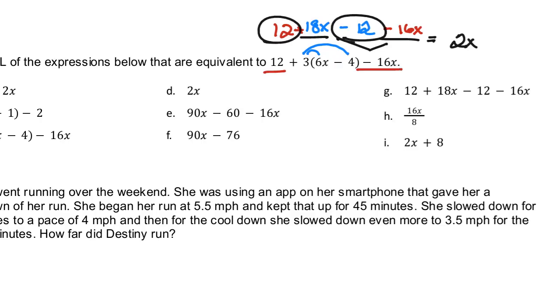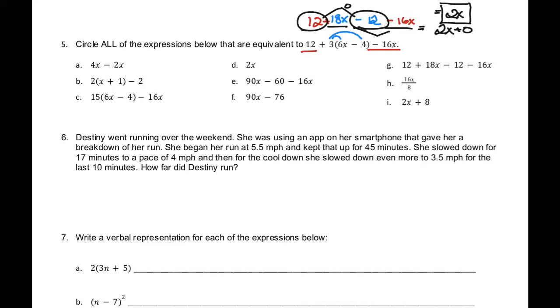Can I combine 12 minus 12? Yeah, those are just constants, right? What is 12 minus 12? 0. So we're talking about 0 being added to 2x, which gives me 2x. So I am looking for a simplified expression of 2x with all these other expressions, okay?